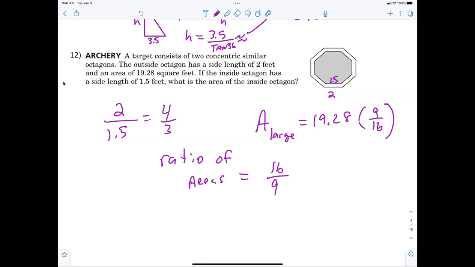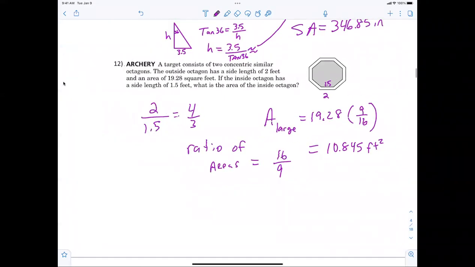Yeah, there's no difference, right? Because that's division multiplied by the reciprocal. All right, I just think it's easier not to do the fractions. So the area is equal to, somebody tell me approximately 10.845, and we will call that square feet. All right, let's keep going.